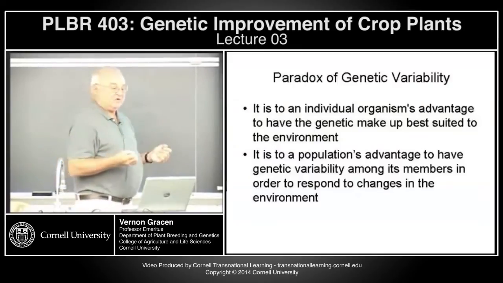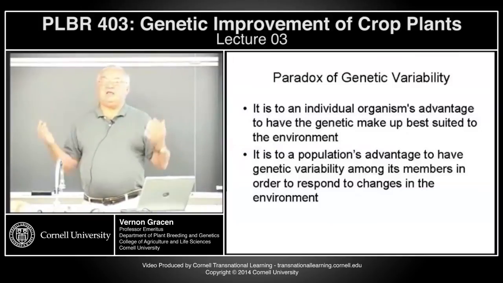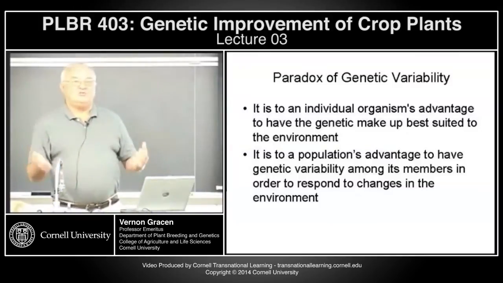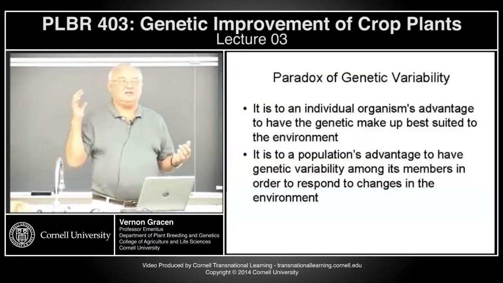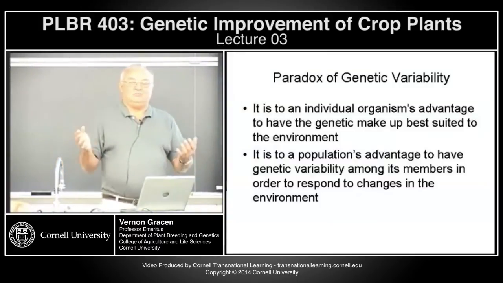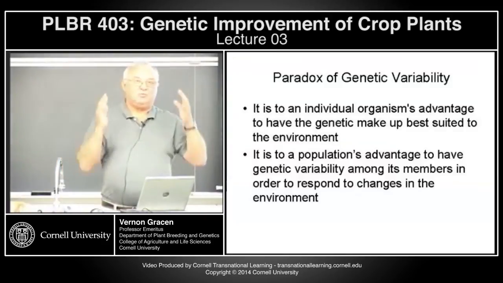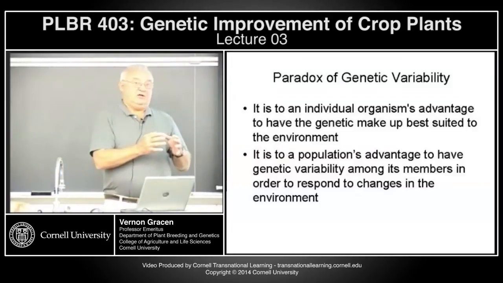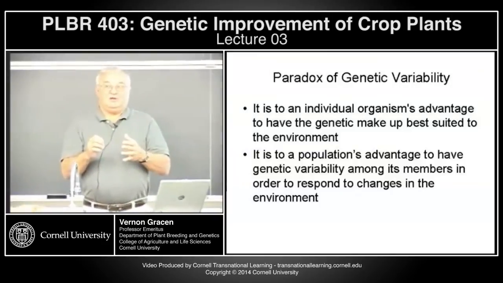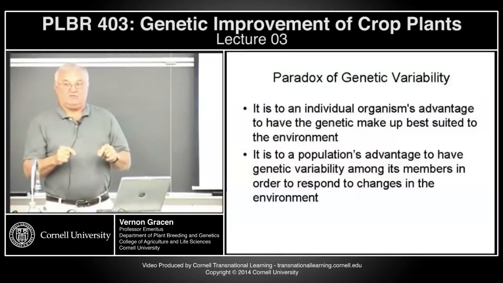Well, first I have to throw out this paradox, because we talk time and time again that genetic uniformity can be bad. Well, again, it's all based on your perspective. If you're an individual plant growing in an environment that maybe has some variability, but pretty much it's the same general environment year after year, genetic uniformity is to your advantage.